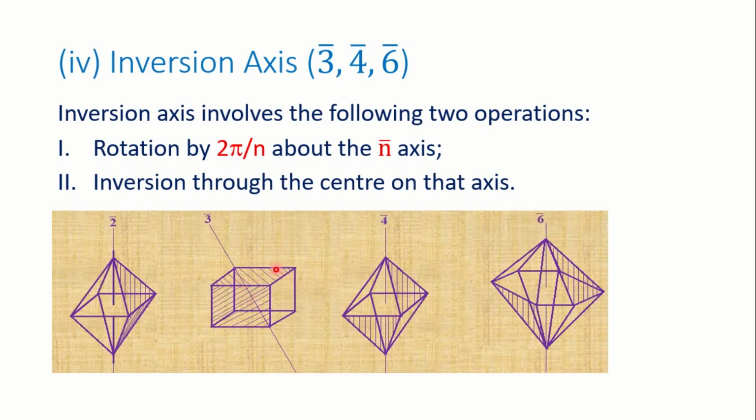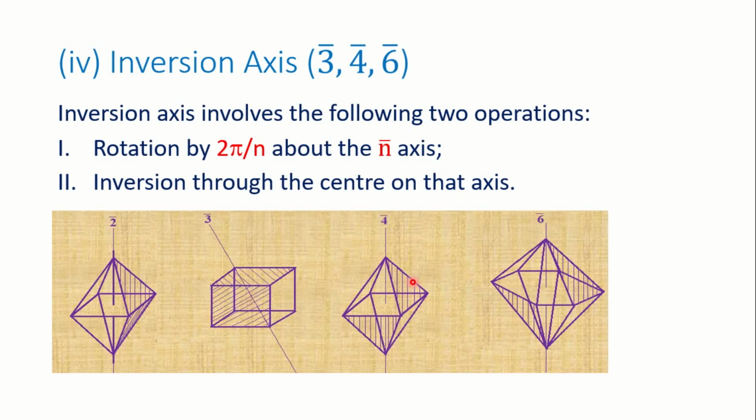This top face takes the place of the back face. Now if this face is inverted through the center of symmetry, then it comes to the front face. So under the 3 bar improper axis of symmetry, the top face becomes the front face.